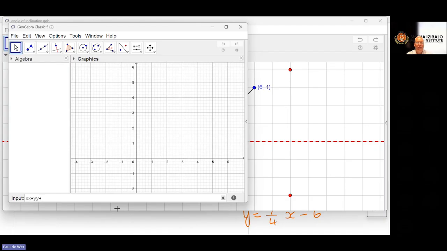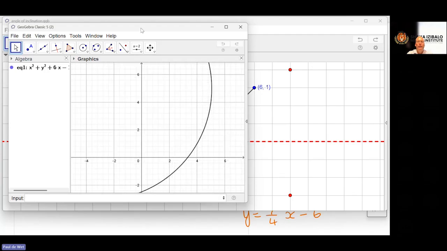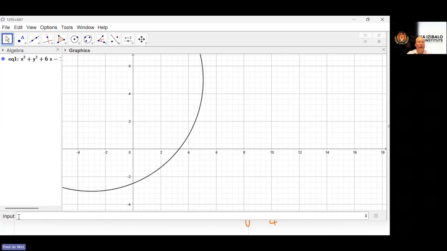Help me, guys. Plus 6x minus 10y equals 31. Was that the circle? Yes. Okay, and I want to check whether our tangent is going to go through this point, 4, 1, and whether it's going to be a tangent.